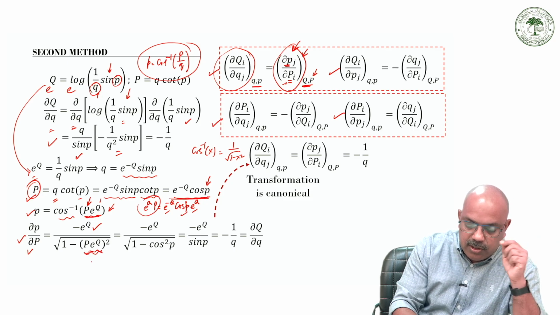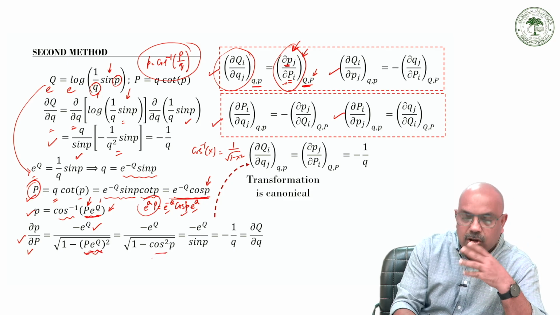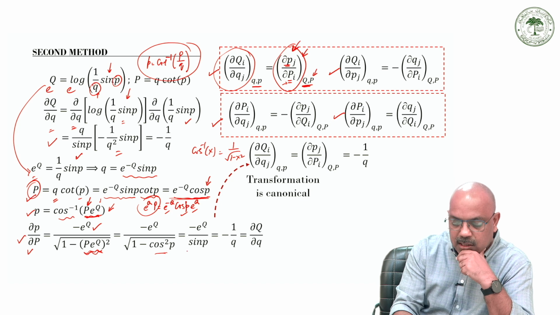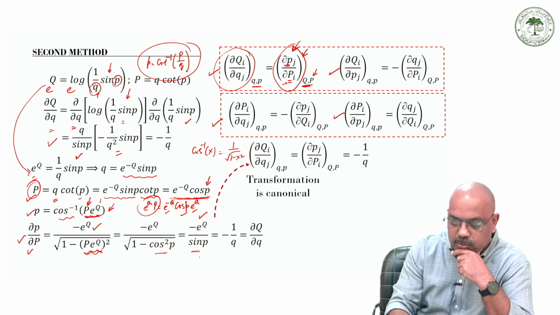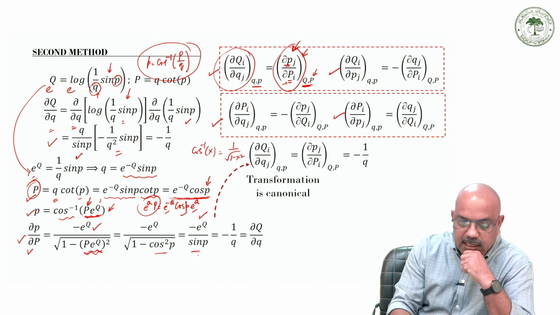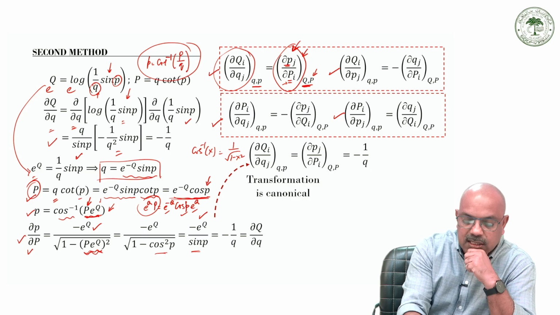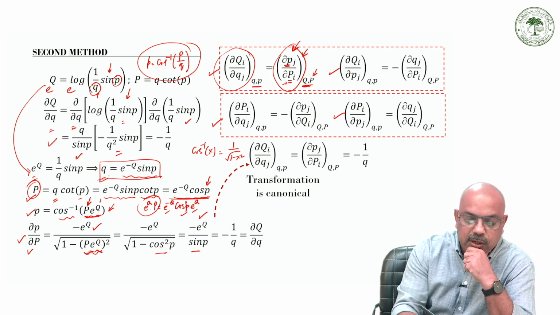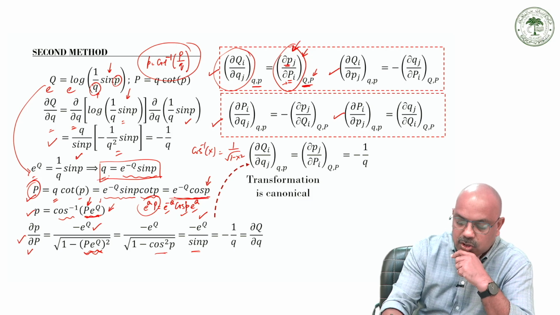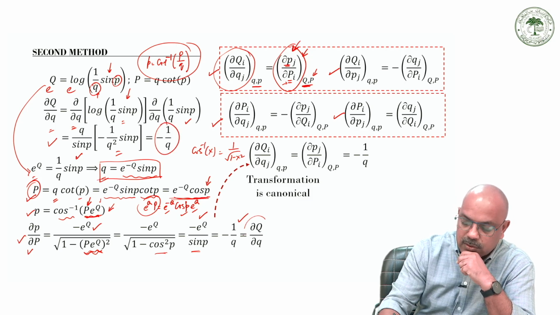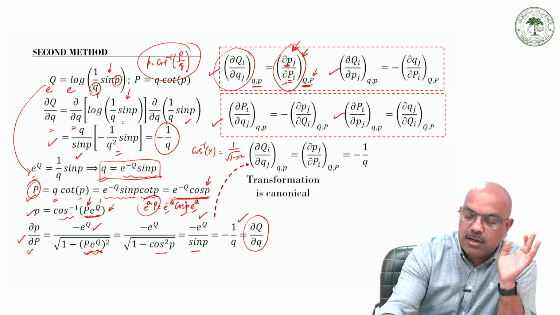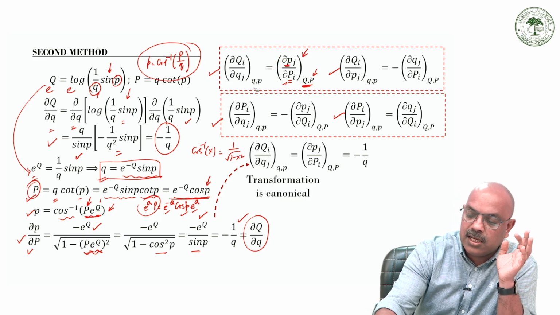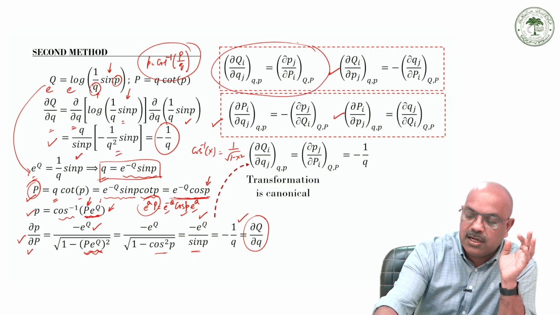So P e to the power q is cos p, and then 1 minus cos squared p under root is sin p, e to the power minus q upon sin p. And then you have this relation that e to the power minus q upon sin p is going to be 1 by Q. So this 1 by Q is equal to delta q by delta P. So this first integral is satisfied in this transformation.